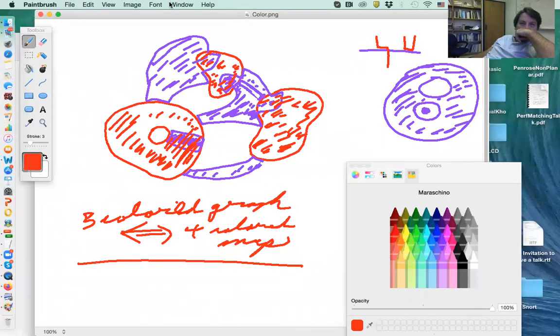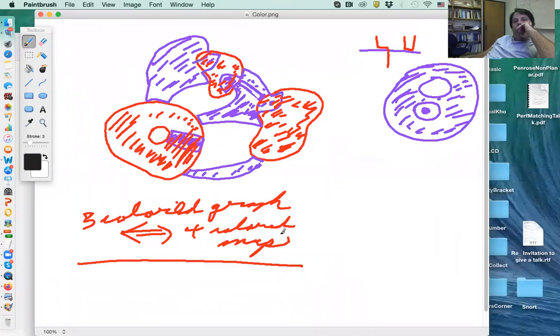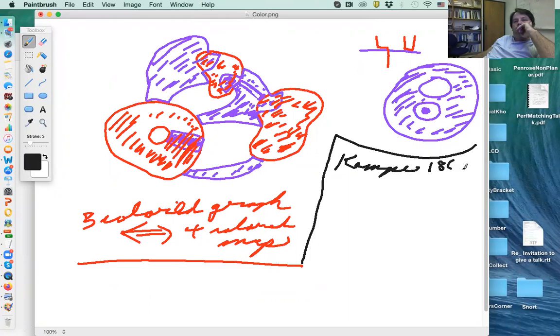Oh, there is one thing I forgot to tell you. Let's say it. One important thing, and that goes back to Kempe, who proved five colors and thought he had proved four colors. But in the course of what Kempe did, in 1860-something, he pointed out the following.